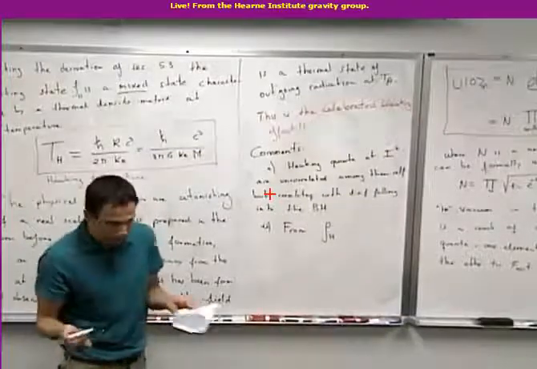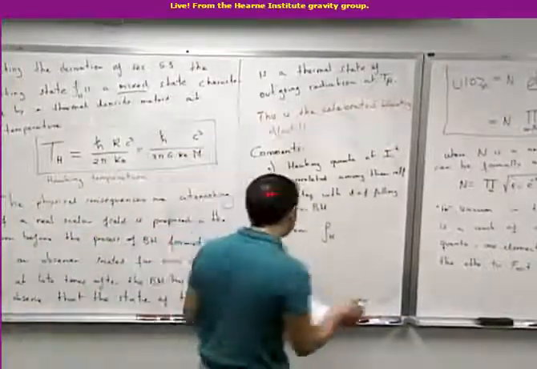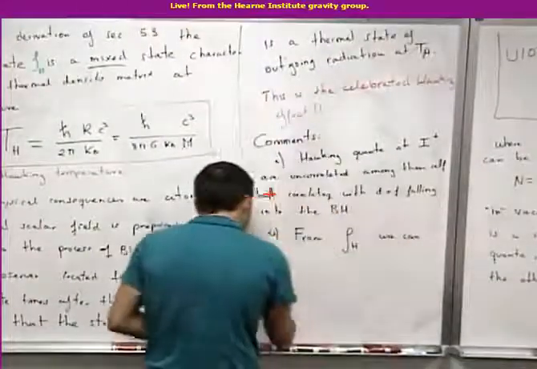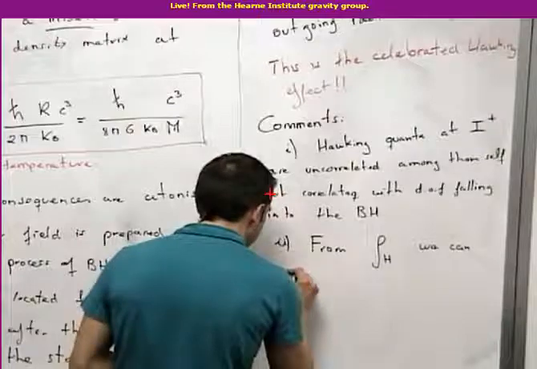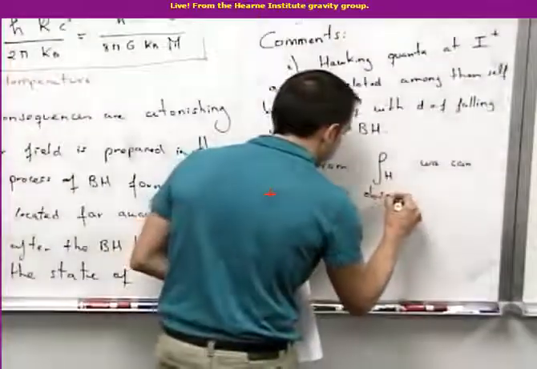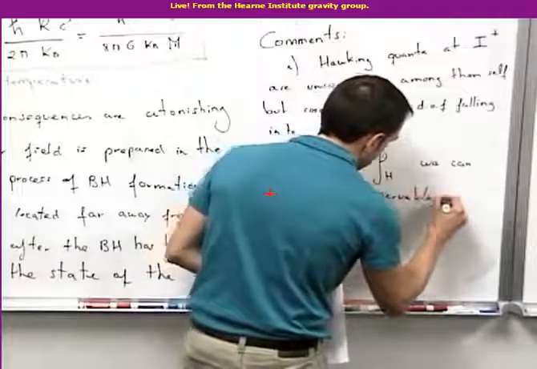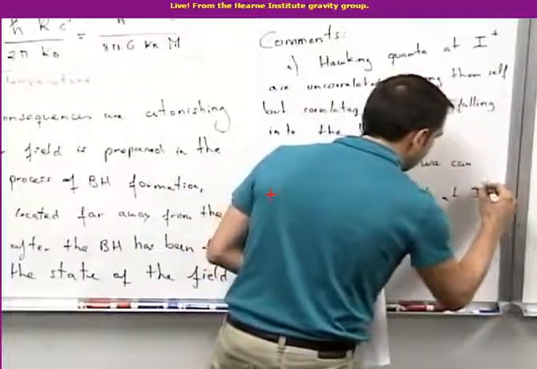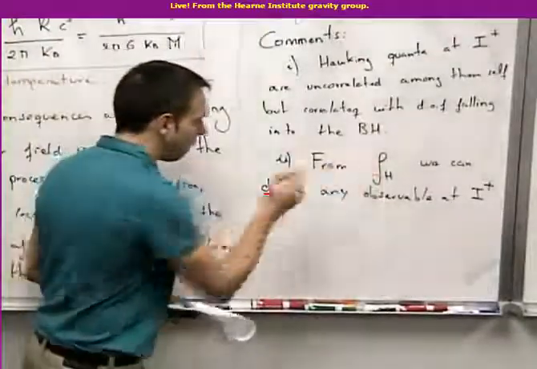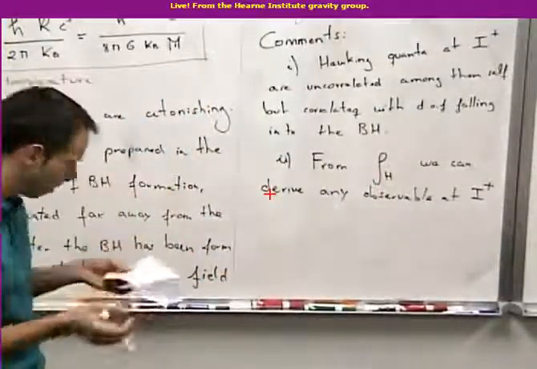It's a thermal density matrix. But from that state, we can derive any observable. At scri, any physical quantity is going to be derived from the thermal density matrix that we obtained.